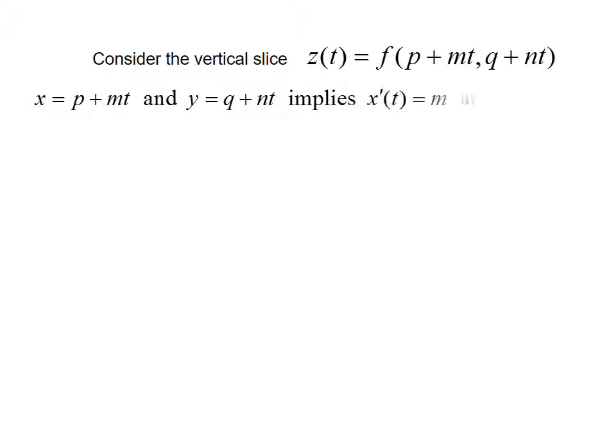So, if x is p plus m times t, then the derivative of x would be the derivative of p, which is 0, plus the derivative of mt, which is m. So we have m as the slope in the x direction and n as the slope in the y direction.